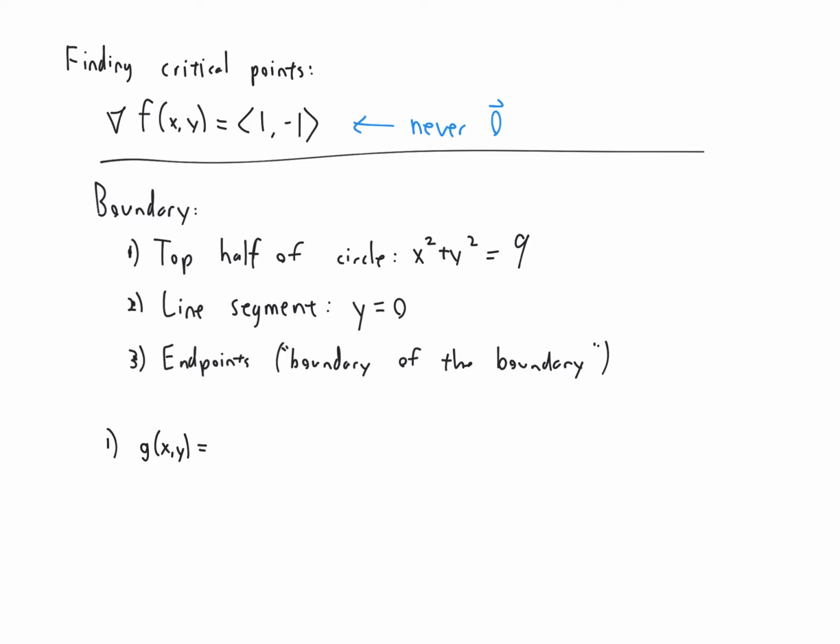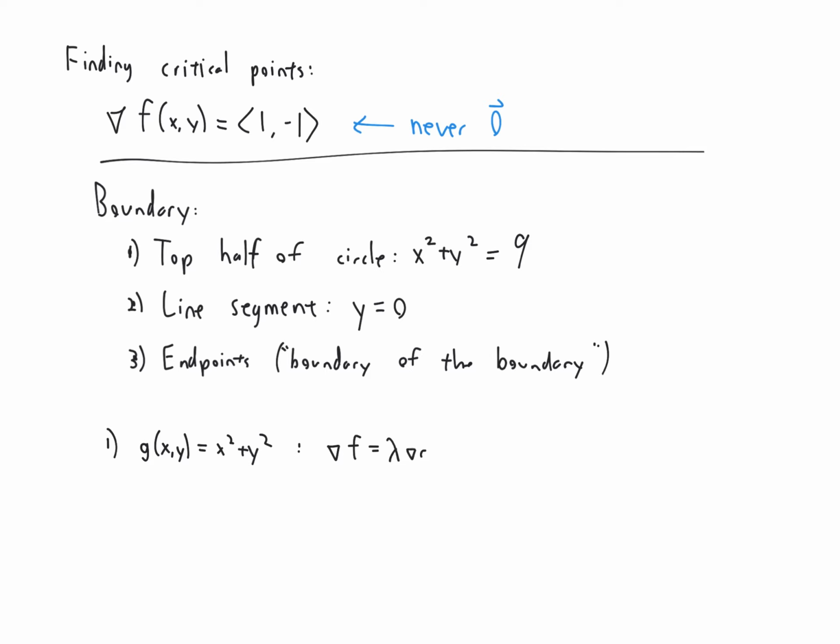Now this is a constrained optimization problem, so I'm going to need to write that circle as the level set of some function. So here I think it makes sense to use the function g of xy equals x squared plus y squared, and then that top half of the circle is the curve where g equals 9.